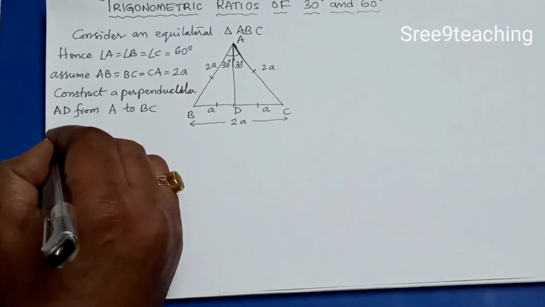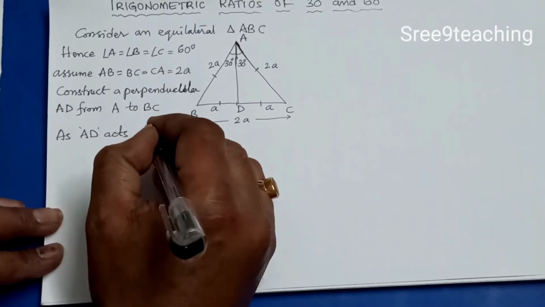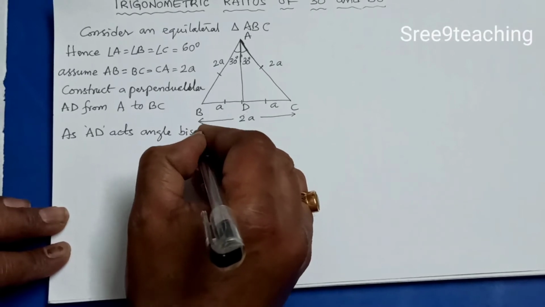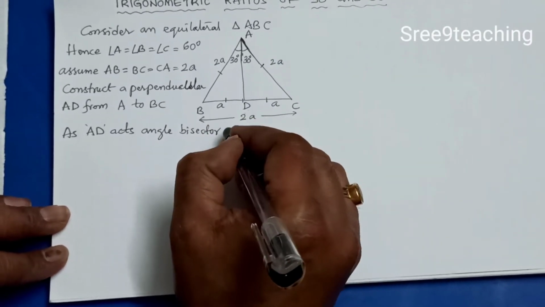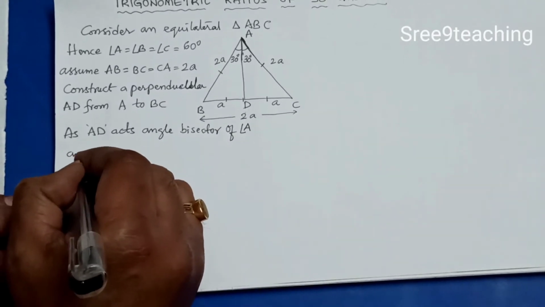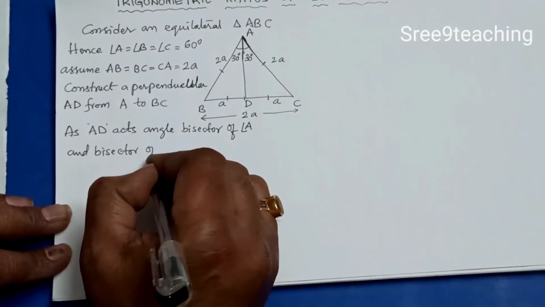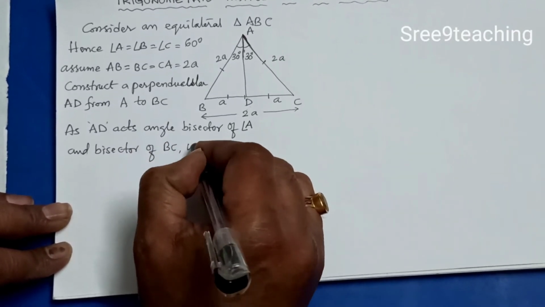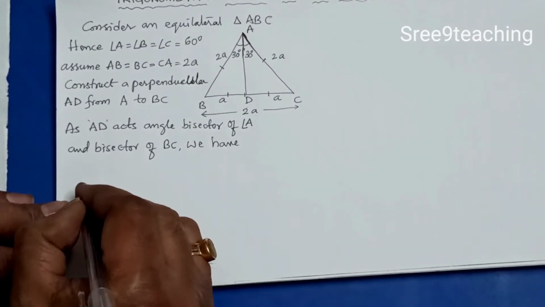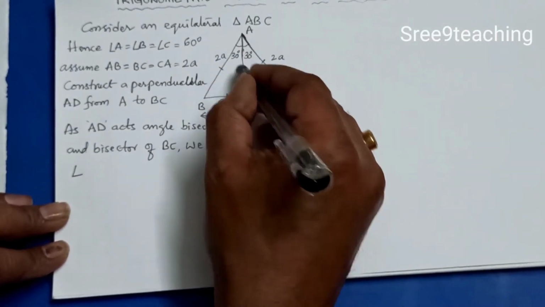As AD acts as the angle bisector of angle A and the bisector of BC, we have angle BAD is 30 degrees.